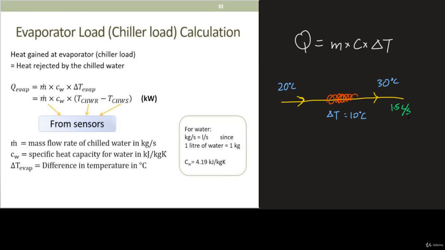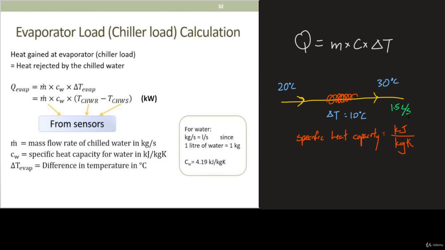As we know, for water we have this term called the specific heat capacity. Different kinds of fluid will have different specific heat capacity. So what does the specific heat capacity tell you? It is the amount of energy you need to heat up 1 kg of that fluid by 1 degree Celsius or 1 Kelvin.